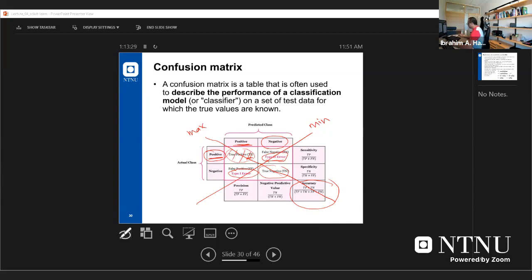True positive plus true negative, false positive plus false negative, right? And the definitions of the other things are as mentioned here. If you want to get error, it will be 1 minus accuracy. So imagine the accuracy is 0.9, or 90%. In this case, the error will be 10%, right?